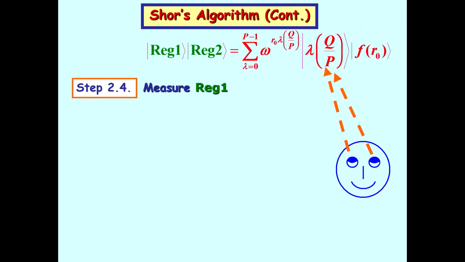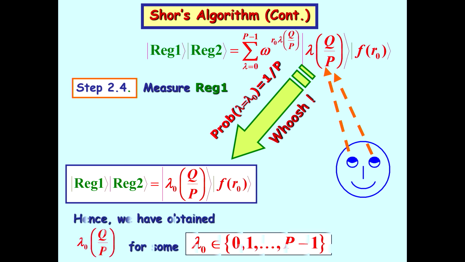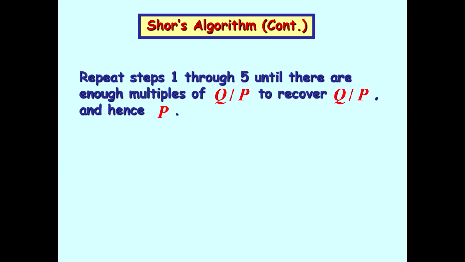And now, finally, we measure the left register, and we end up with a random multiple lambda 0 of q divided by p. Now, what we do at this step is repeat steps 1 through 5 until we have enough multiples of q over p to recover q divided by p.